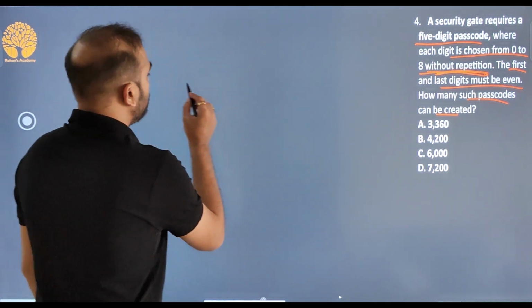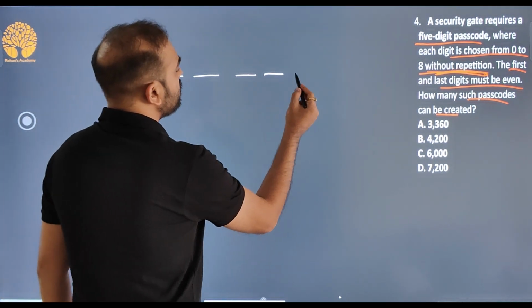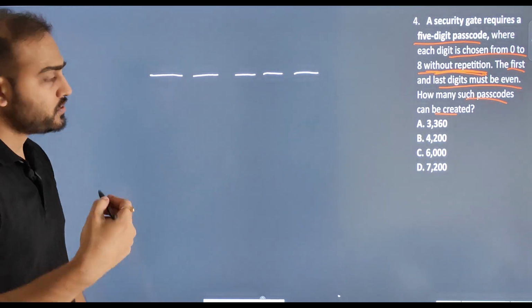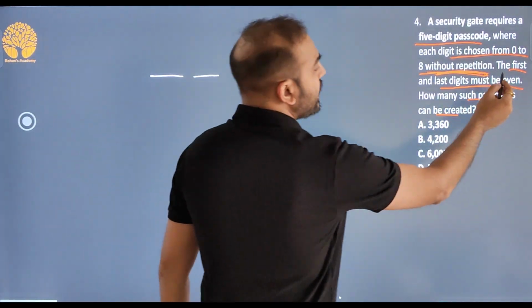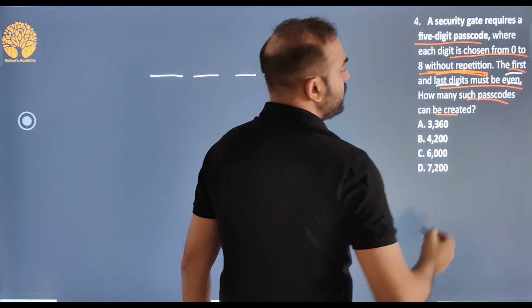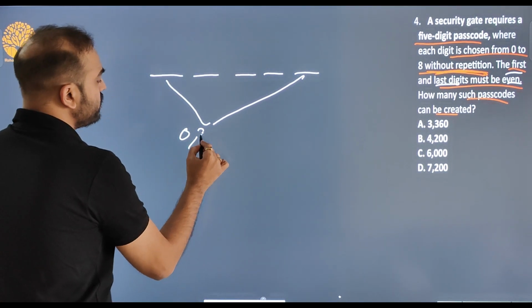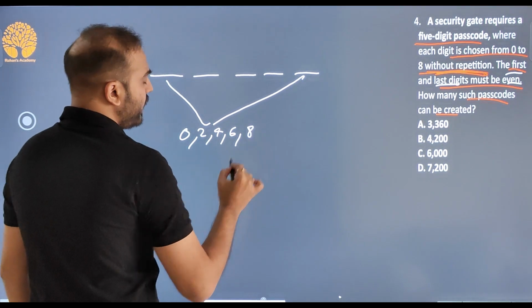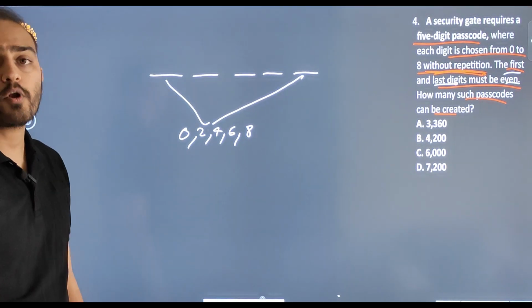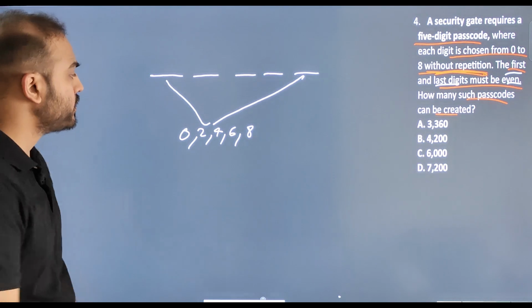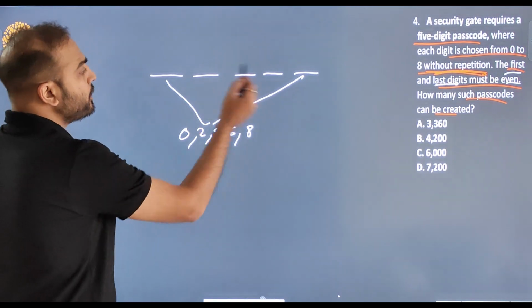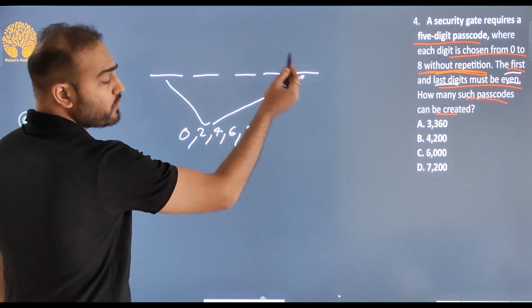Now, I need a 5-digit passcode. What are the constraints? The first and last digit must be even, so they must be 0, 2, 4, 6 or 8. Alright, no problem. We solve the constraint first. I have 5 options. Pick any two, one for here, one for here.